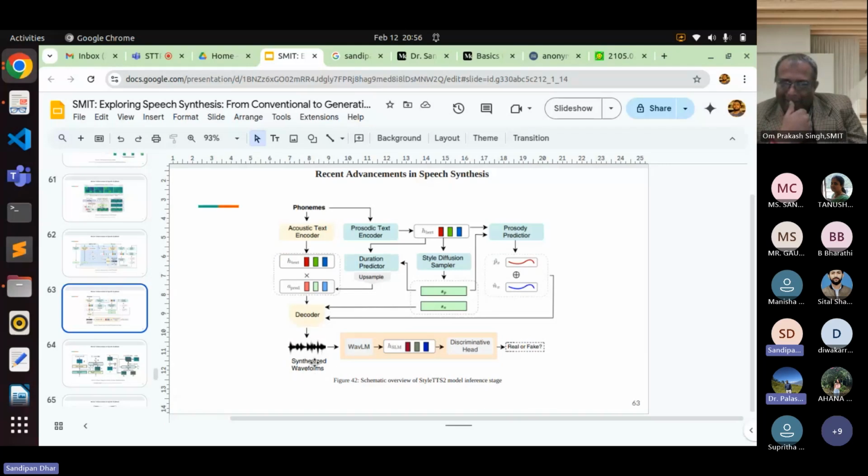The synthesized waveform is also going through another model, an SLM model. Then there is a discriminating head that is trying to distinguish whether it belongs to the real class or fake. That means StyleTTS2 also uses the adversarial learning mechanism, and StyleTTS2 is one of the best existing TTS models, especially for the English language.